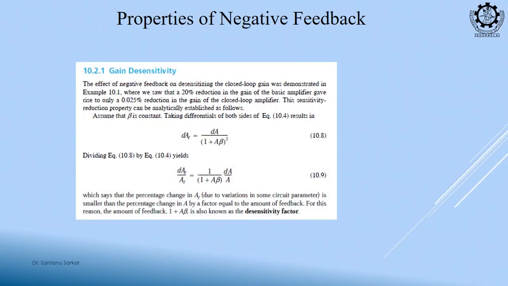They have defined it as delta AF by AF, and this is very small. So we can say that closed loop improves the desensitizing of our gain. That means if there is any variation, it will not affect the output, and the output will be closer to constant, which is what we want.